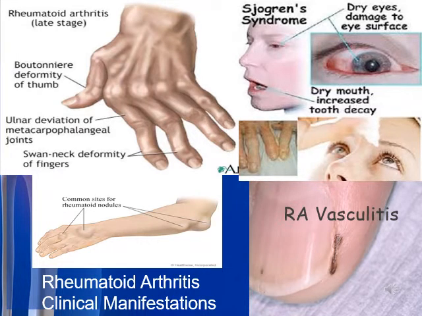Again, you can see the other nodules on the bottom left where they have some of the common sites for other nodules to form kind of by the elbow area, etc. So there's lots and lots of things, including dry eyes, dry mouth, dry reproductive vaginal area, other things that can happen as a result of the rheumatoid arthritis. So definitely want you to focus mostly on the musculoskeletal aspect, but I want to make sure that you understand that there are other things that are affected with RA.